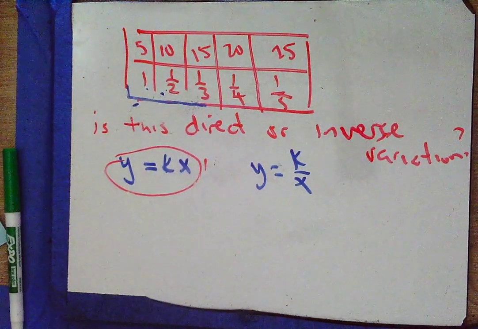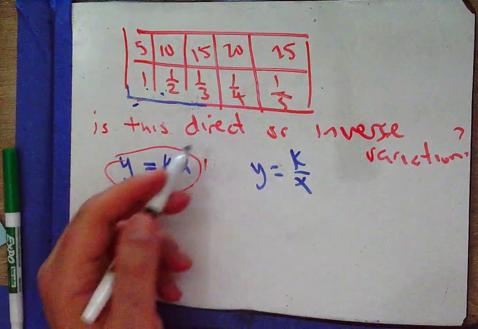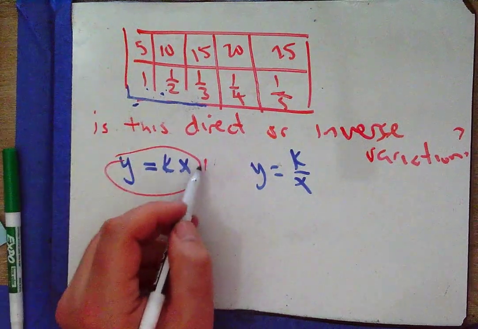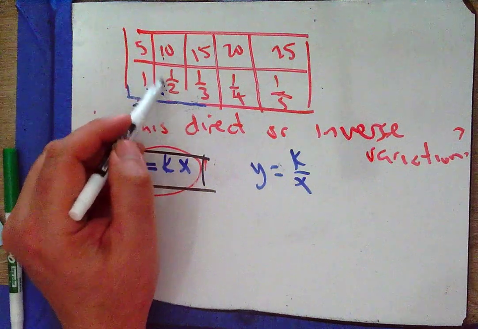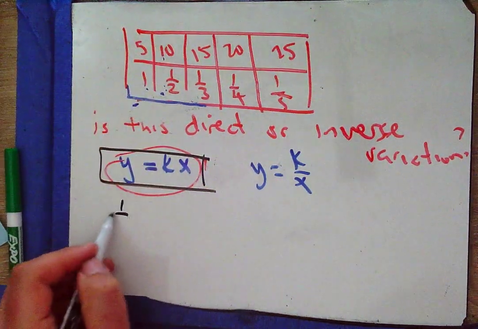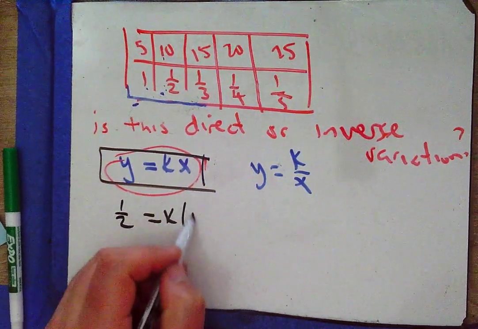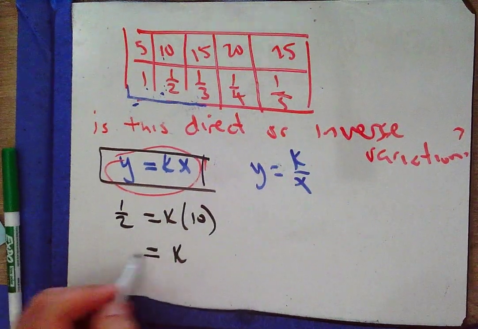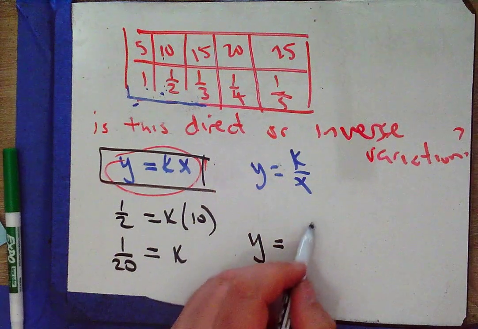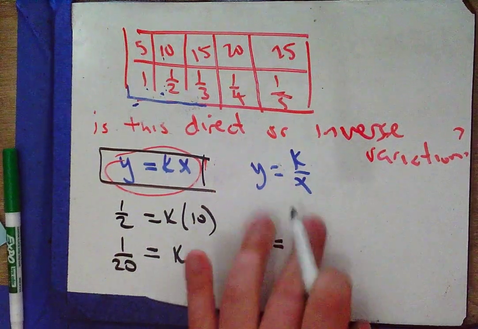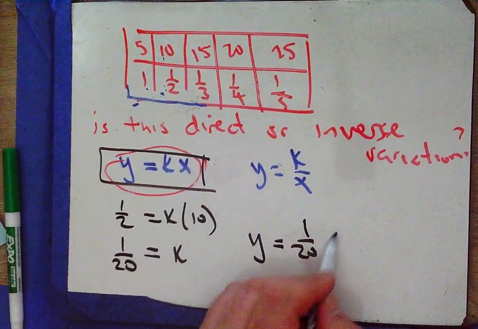but I probably would recommend that you just build the model. So let's say I think it's direct. So I'm going to plug in an ordered pair. 1/2 equals k times 10. So k equals 1/20. So y equals 1/20 x.